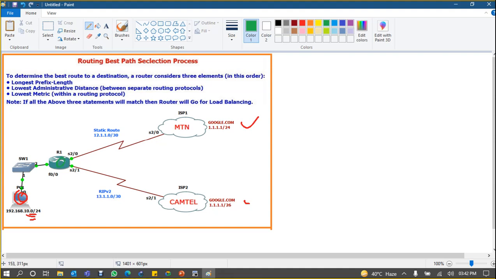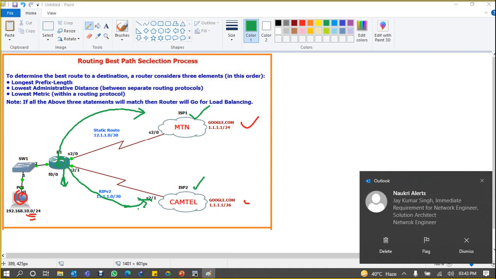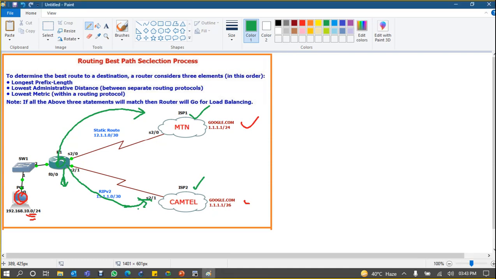The packet will come to R1. R1 will see that I have two ISPs, ISP1 and ISP2. So R1 will think whether I should forward data via ISP1 or ISP2. Now, if R1 is forwarding via ISP1, not via ISP2, which type of condition is R1 following to forward via ISP1? Are you getting?